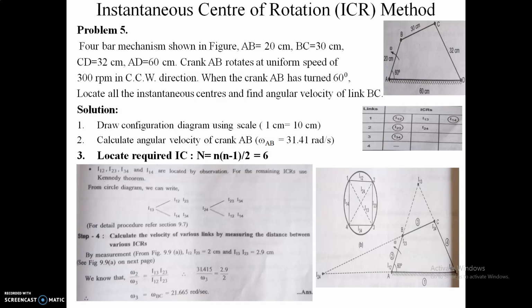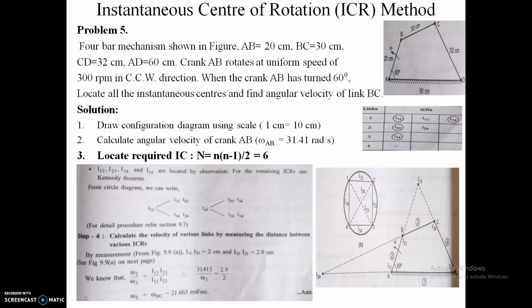Which are the fixed ICs? The ICs which are formed at A and D, that is I12 and I14, are the fixed ICs. So I have made a circle. Then IC 2 3 and 3 4 are of permanent nature.